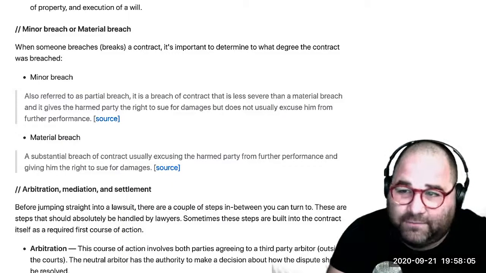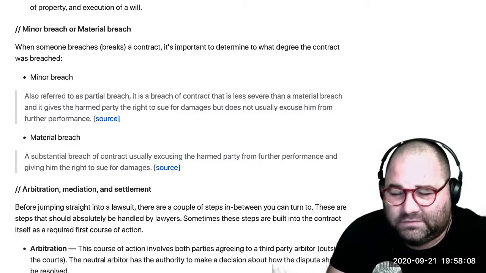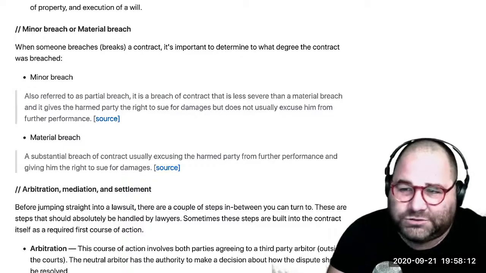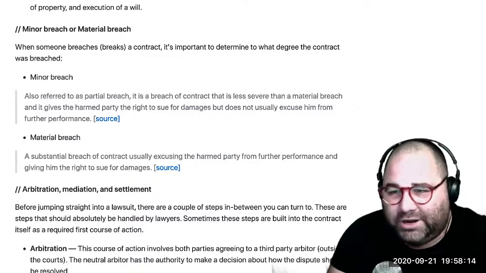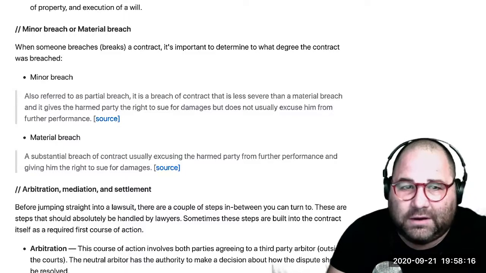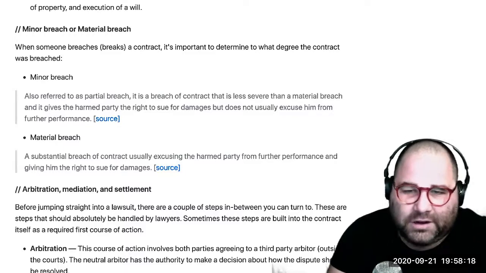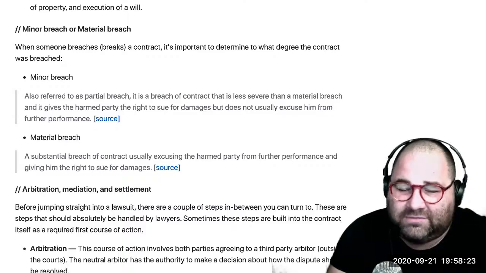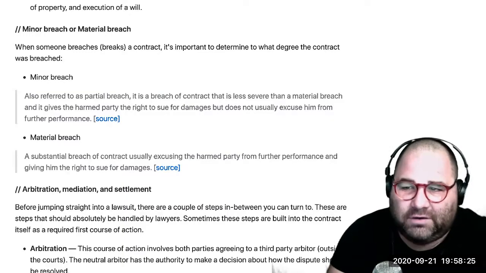You're going to have to pay for the refrigerator to get fixed. So you violated an aspect of the contract. It's a minor breach, but it doesn't mean that you're going to lose your apartment or anything like that. The lease won't be canceled. It's just a minor breach. It's fixable is essentially the idea here.